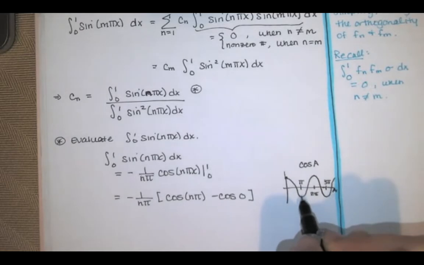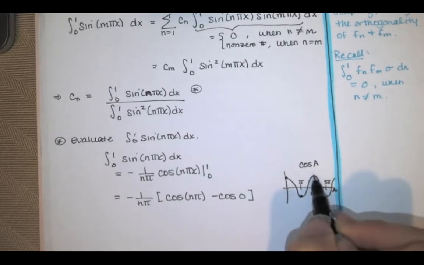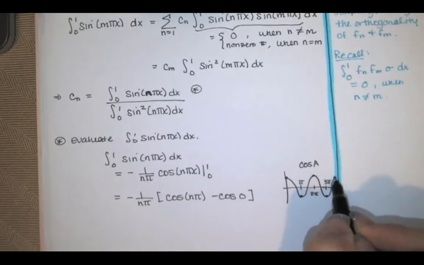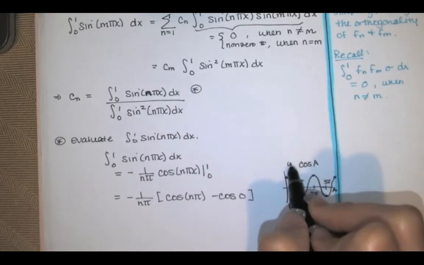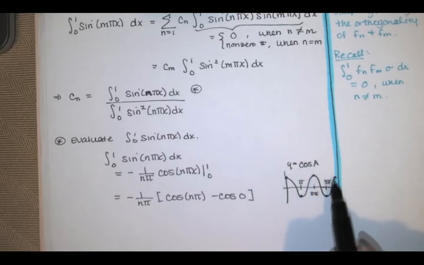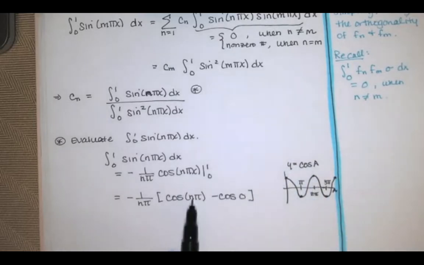When that angle is pi, we get negative 1. And then at 2 pi, we get 1. And then at 3 pi, we get negative 1. And at 4 pi, we get 1. So this oscillates between 1 and negative 1. So this is 1, negative 1, 1, negative 1, 1, negative 1. Whenever we're substituting an integer multiple of pi, that's how that behaves.